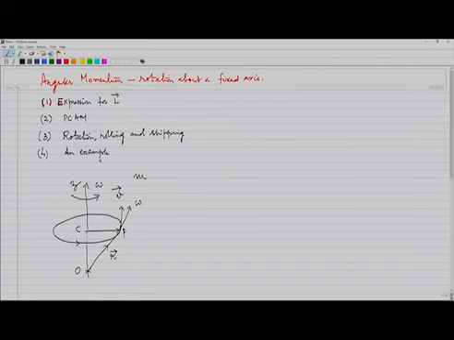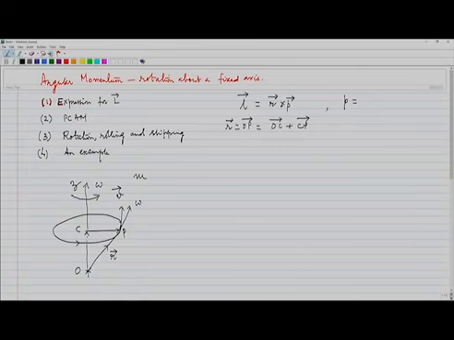The general expression for a single particle is L equals R crossed with P. Here R is equal to the OP vector, that is OC plus CP, and P is the momentum vector, m times the velocity vector, the linear velocity. These things are fairly standard.